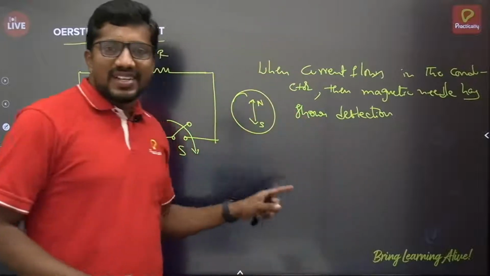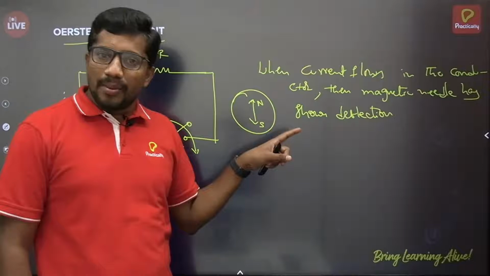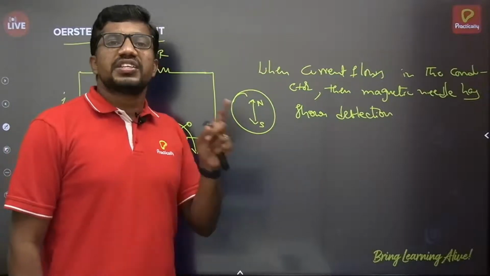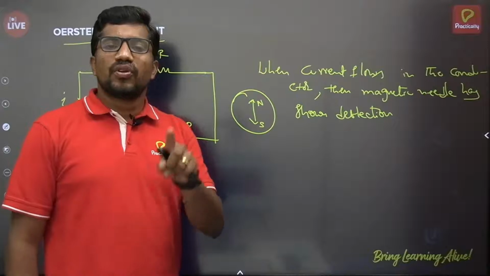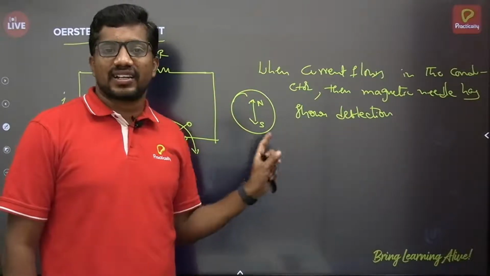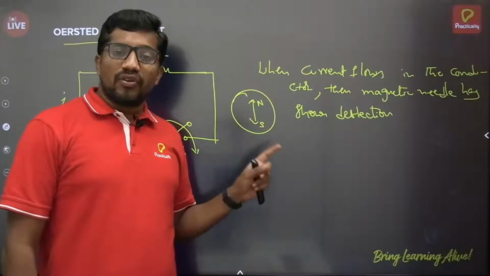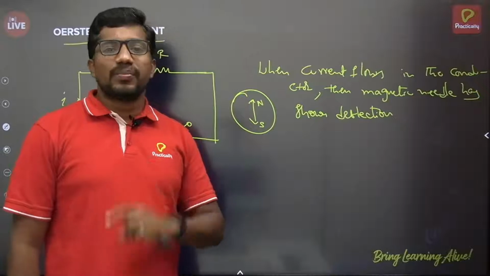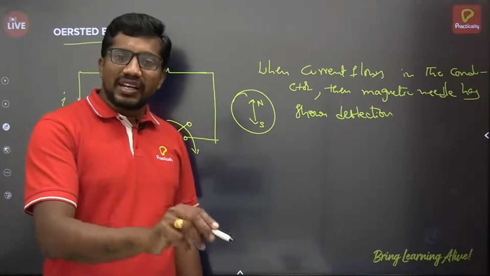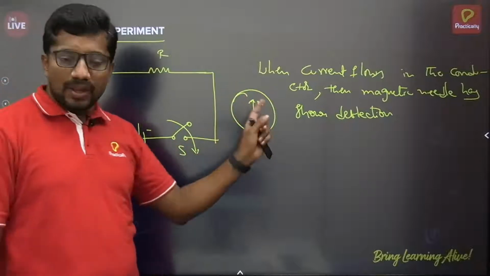So this indicates it is influenced by the magnetic field which is produced due to flow of electric current inside the conductor. That is the conclusion. When electric current flows through the electric conductor, a magnetic field will be developed. That developed magnetic field is responsible for the deflection of the magnetic needle.